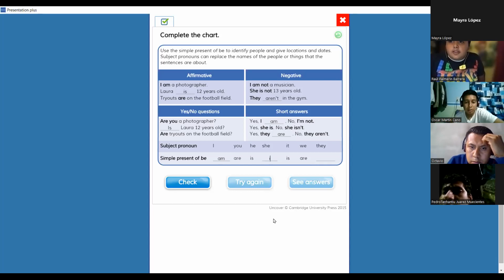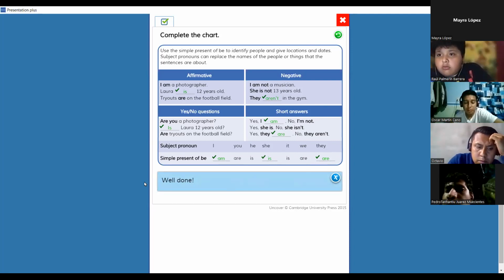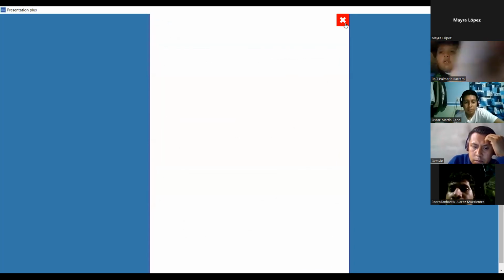Is. We? Are. It? Is. They? Are. And that's it. Básicamente lo que ya vimos, ¿no? Cómo se usa cada forma del verbo para cada pronombre, cómo lo pongo en negativo y cómo lo hago pregunta.